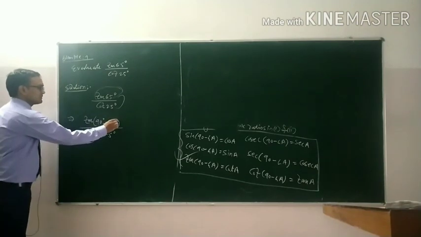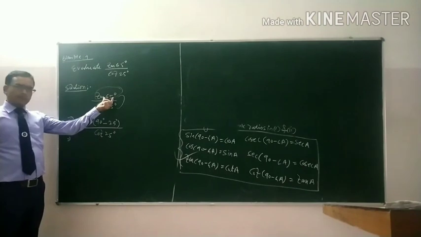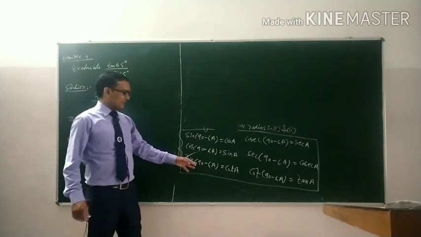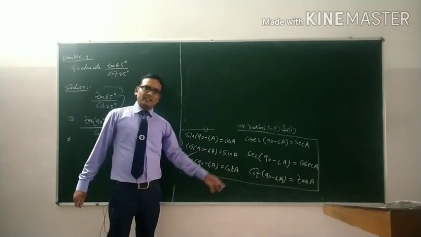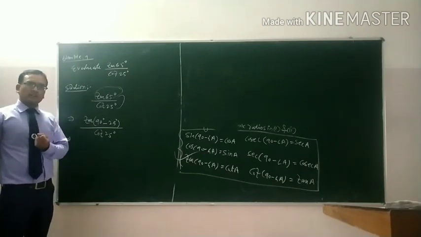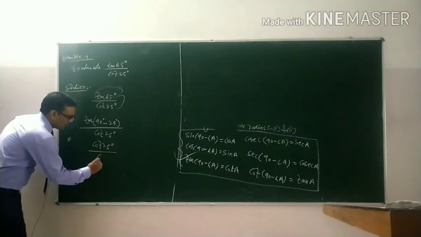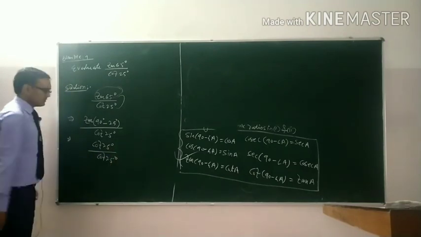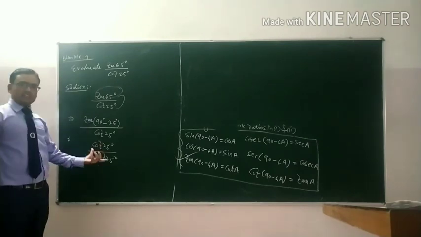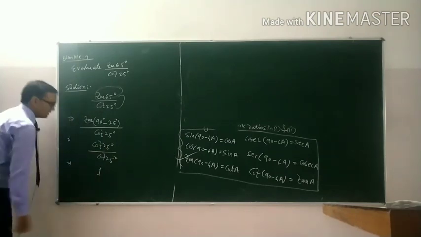Okay, students. 90 minus 25 is 65, and using the formula tan 90 minus A equal to cot A, tan 90 minus 25 becomes cot 25. Cot 25 degree upon cot 25 degree. Okay students, here the numerator and denominator are the same, so the value of this is 1.